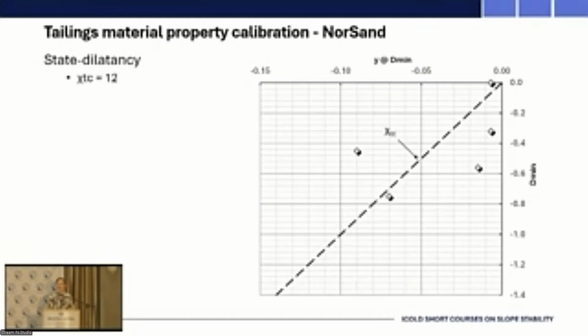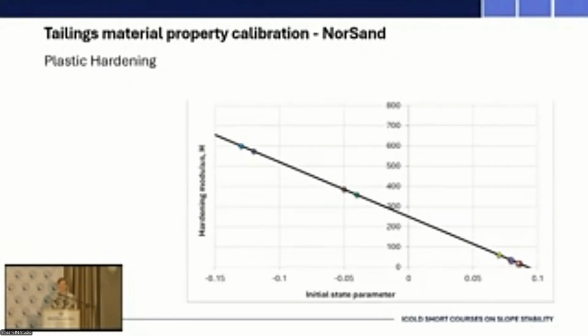So we've now derived all of these input parameters, and one of the coolest ways of checking if these input parameters are correct is to actually run a simulation. Oh, I forgot about hardening. So we also calibrated the hardening parameter through iterative forward modeling.